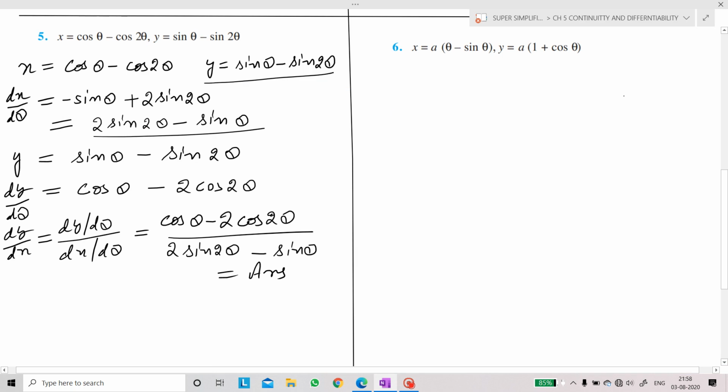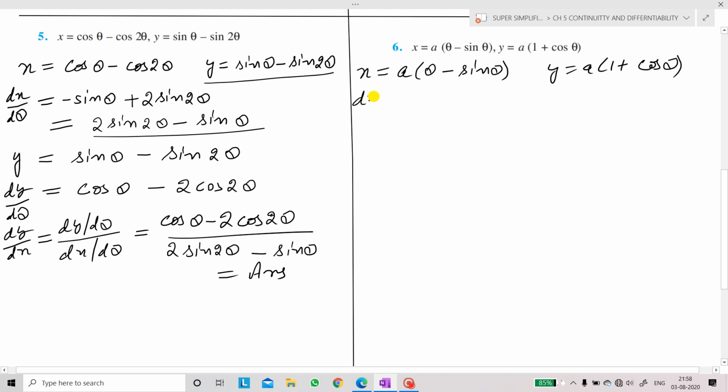Now students, similarly we go to question number 6. In question number 6 also the parameter is theta, and a is a constant. x is a into theta minus sine theta, and y is a into 1 plus cos theta. a is a constant, theta is a parameter. We have to find dy by dx.